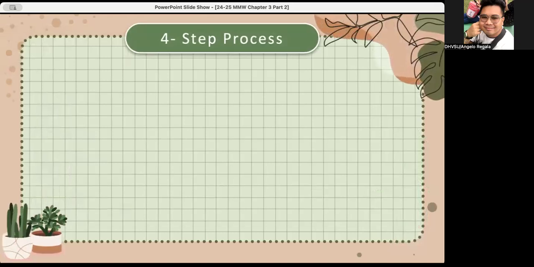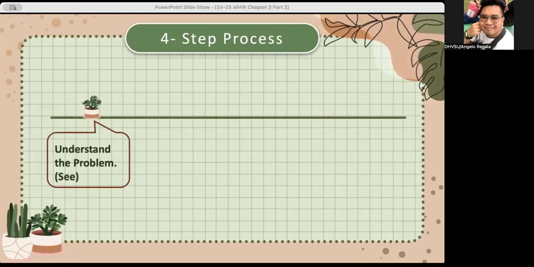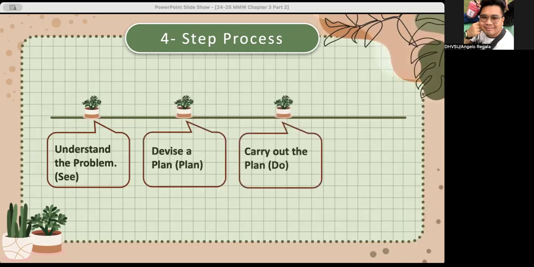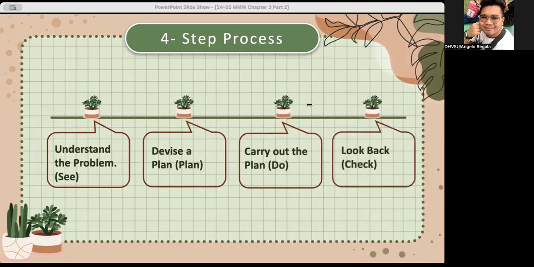When we encounter a problem, ang sabi ni George Polya, in order for you to solve it, ang una mong gagawin is you have to understand the problem. Then followed by devising a plan. How would you solve the problem? Then once you were able to distinguish what plan you have, execute or carry out the plan. And lastly, you look back and check your work.